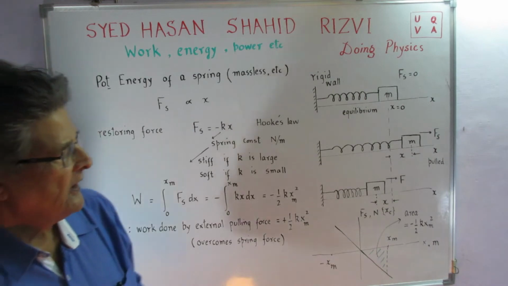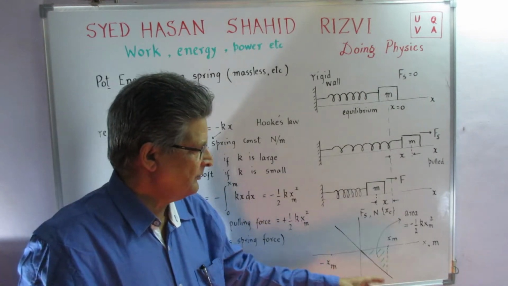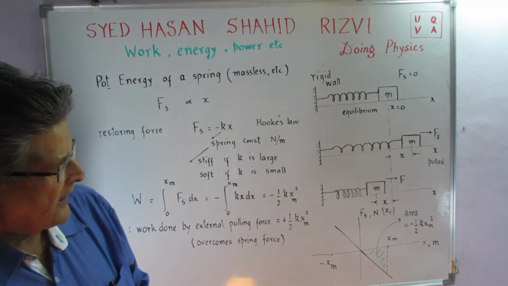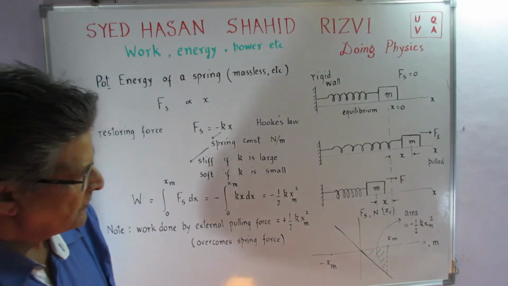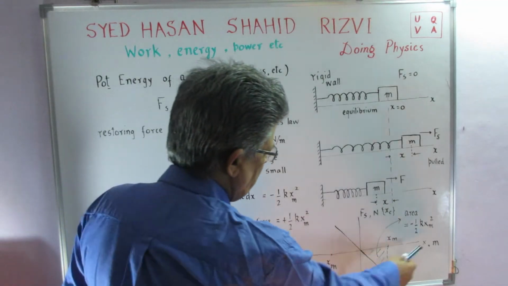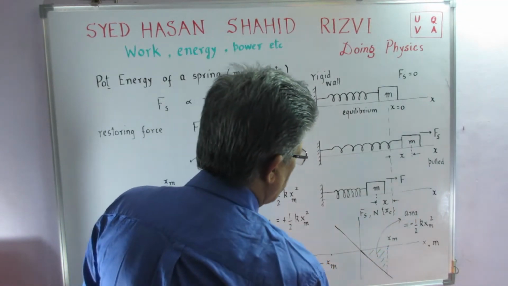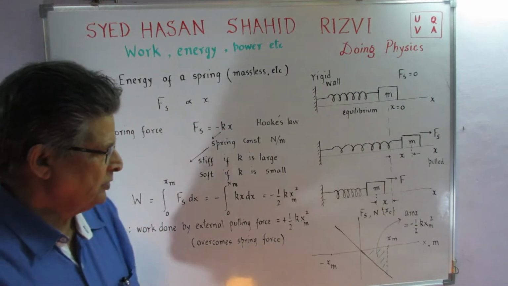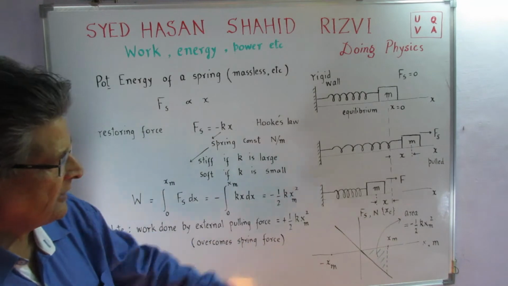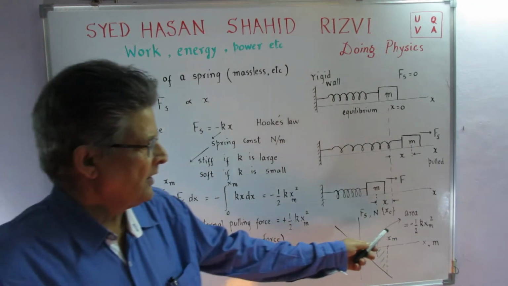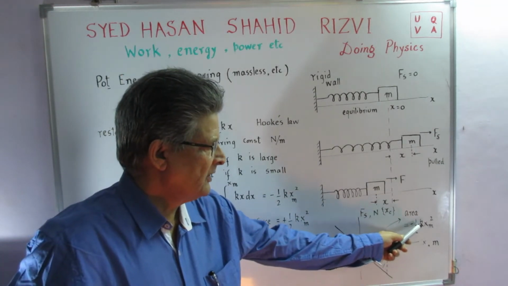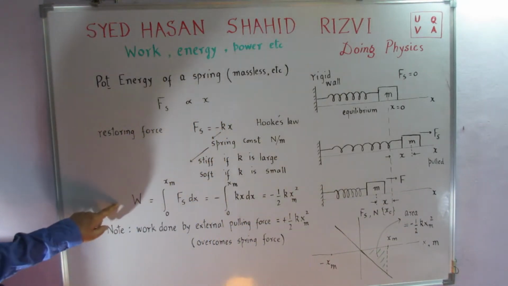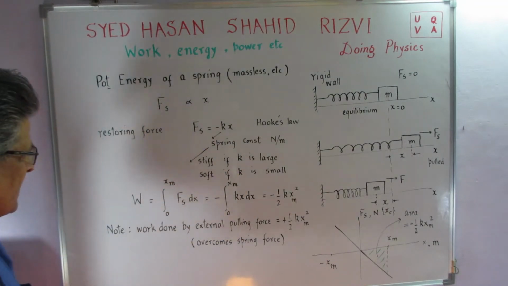Because x is negative when the force is positive, and x is positive when the force is negative, this is what has been shown in this graph, and this turns out to be equal to the area, which gives us an idea to calculate the work done on the system as minus half kxm squared, which I can show with the help of this relation.